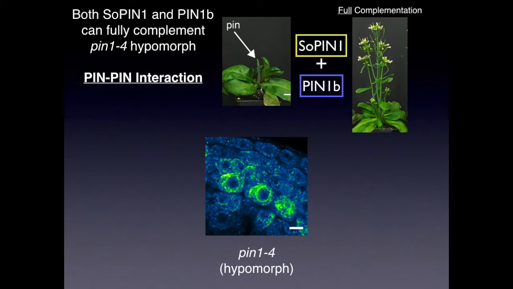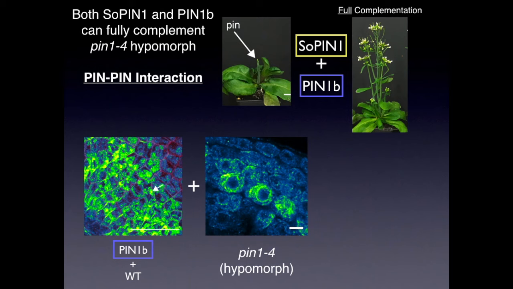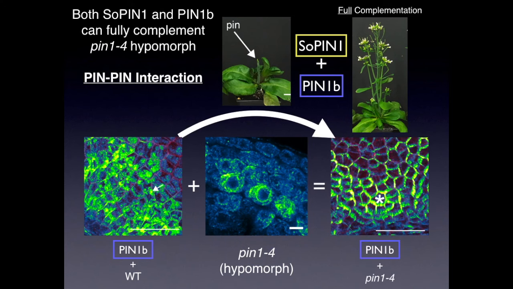That alone is fascinating, but what is even more interesting is that, if you'll recall, pin1b in the epidermis is in blobs, probably being cleared to the vacuole. In the presence of this interesting pin1-4 allele, pin1b jumps on the membrane, creates perfect convergent polarization patterns, and it's presumably this that's actually able to fully complement.